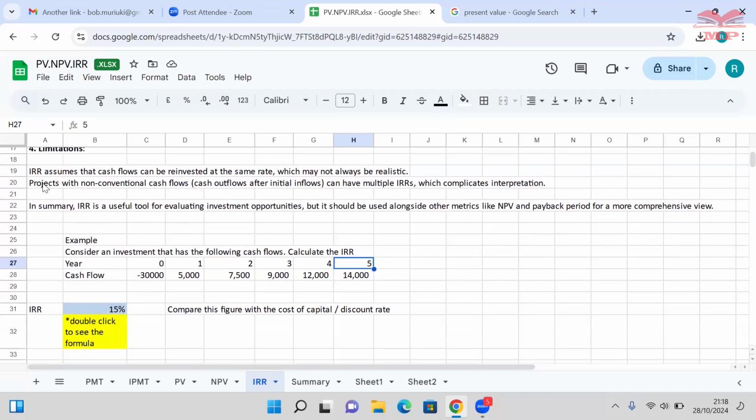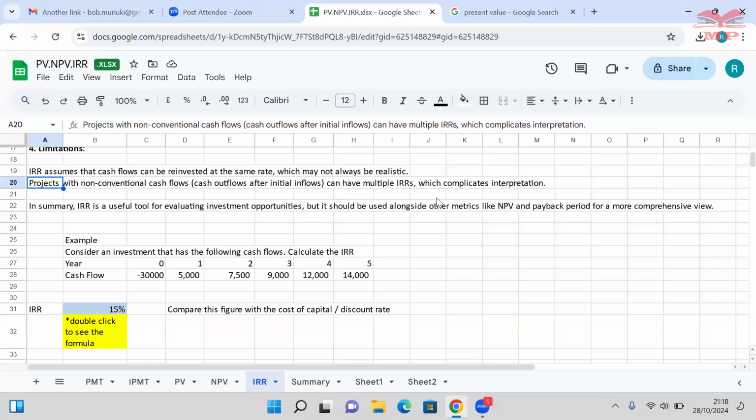And they're saying another limitation is that projects with non-conventional cash flows can have multiple IRRs, which complicates interpretation. So you might have different cash flows from different angles, depending on the context. You might have them coming from different countries, different businesses, and so forth, right?